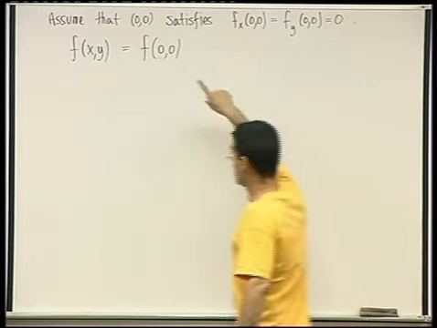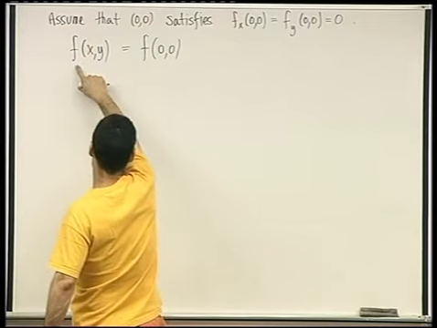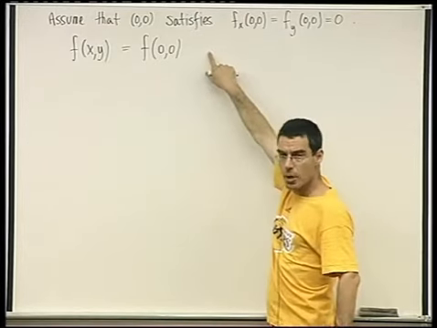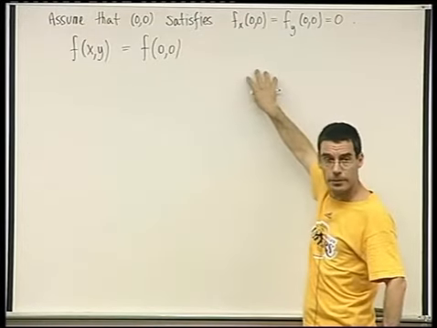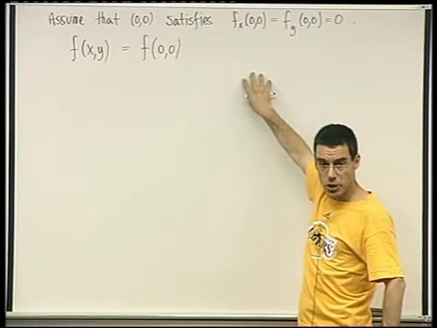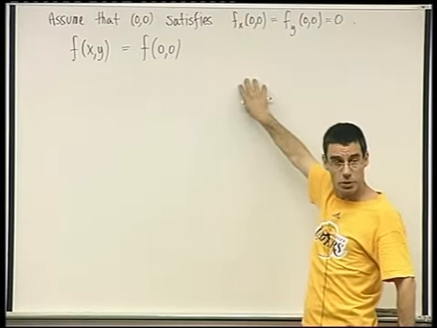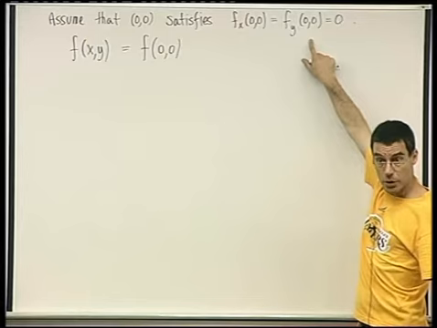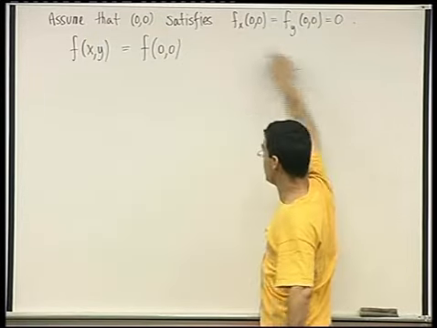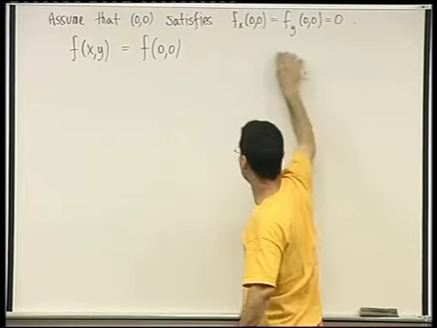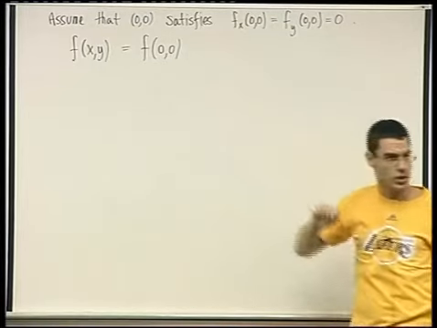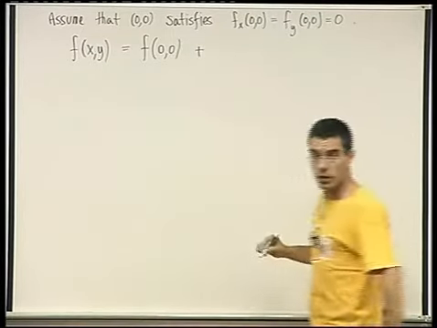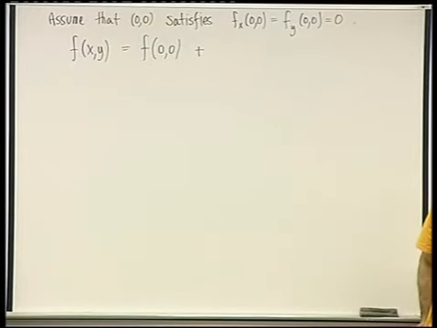Okay? So now I'm going to write the Taylor polynomial. So it's f at (x, y) equals f at 0, 0 plus, what's the term that's going to appear next? It's going to be some expression involving the first partial derivatives, right? But I'm assuming that those are 0. Do you agree? So if 0, 0 satisfies this, then the term involving the first partial derivatives vanishes. Do you agree? Okay. Plus, now there's going to be the term involving the second partial derivatives, and I don't know that those are 0.